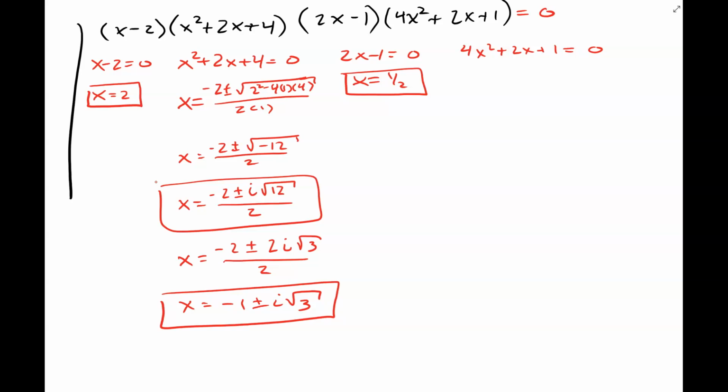All right. Let's look at the last piece then. 4x squared plus 2x plus 1 equals 0. How should I solve that equation? Oh, guys. Nobody? How would I solve that? What was that?